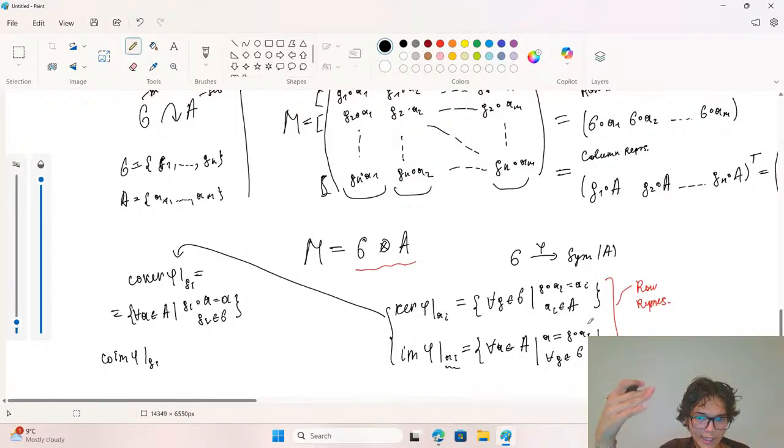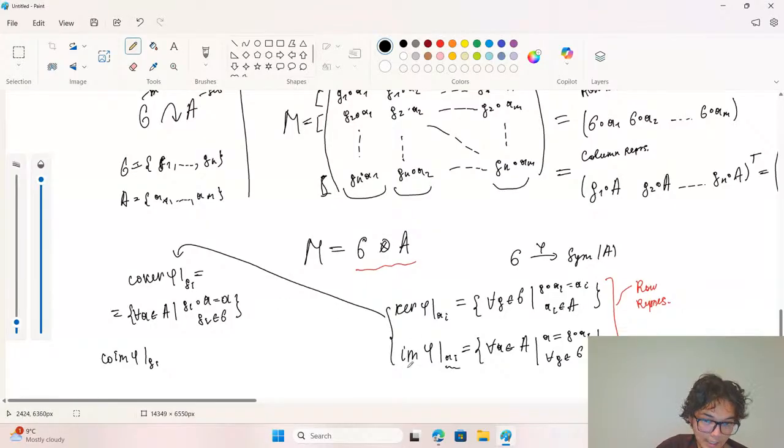If the image of phi at a particular point a_i was all the images of a_i by the actions of G, the co-image must also belong to this column representation. I'm explaining my thought process. If the kernel consisted of g's, the co-kernel consists of a's.